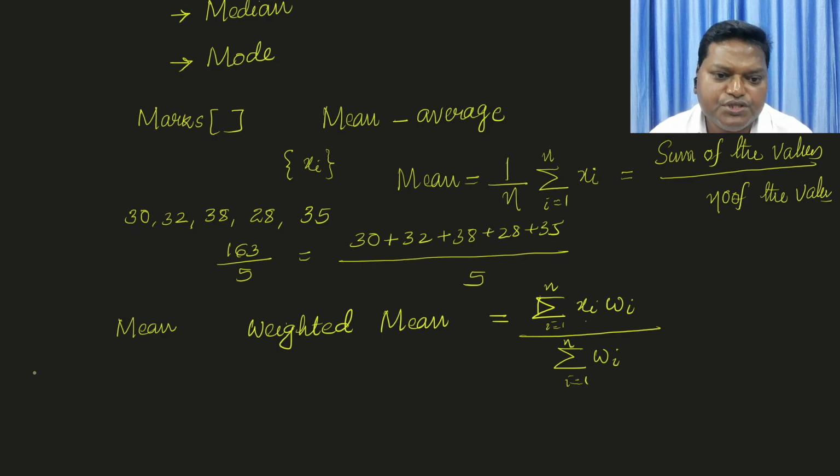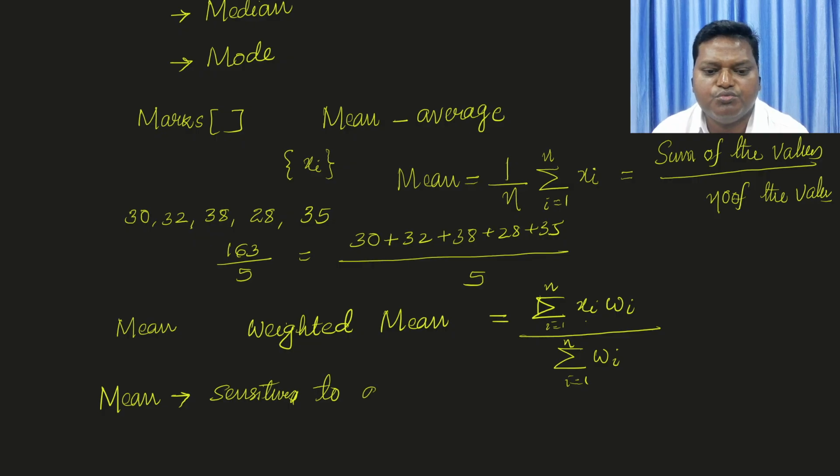So what we have seen is mean. But the problem with mean is that it gives you the overall indication of what the data is, but it is very sensitive to outliers or anomalies. Sometimes the data may contain certain outliers, for example, somewhere by typing mistake, instead of 135, I typed a very different number.